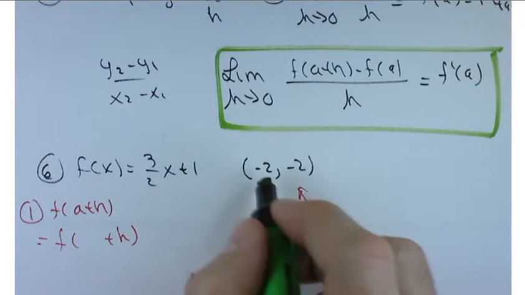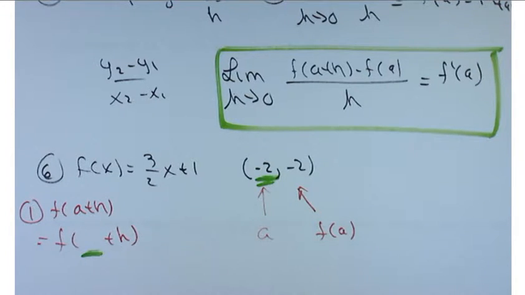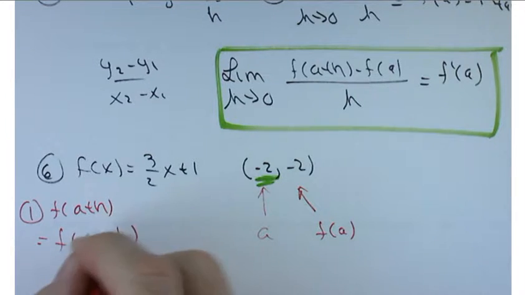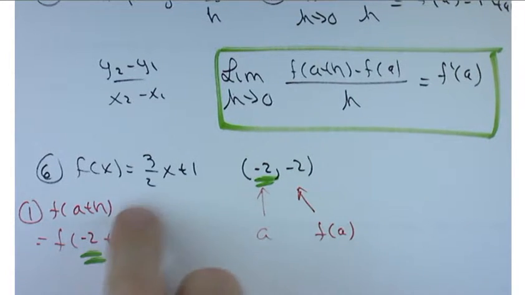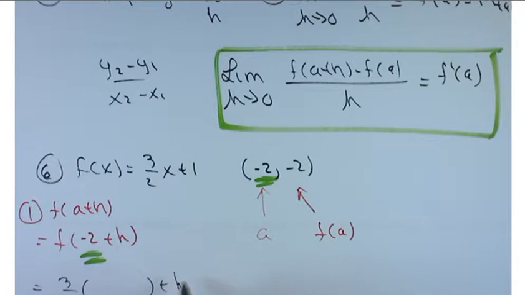So f of -2 plus h. If I plug that into my function, I'll get 3/2 times -2 plus h, and then the plus 1 is still here.